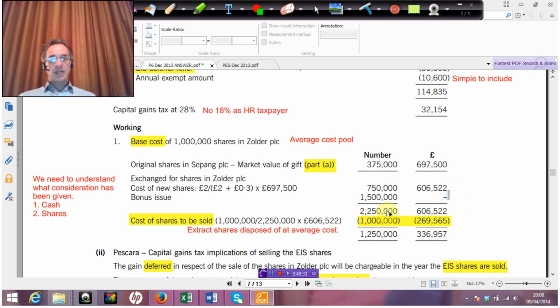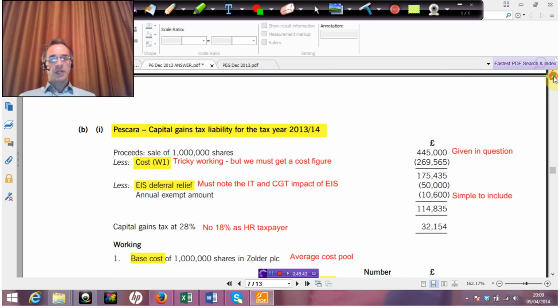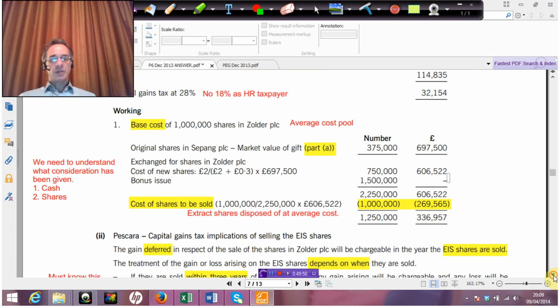If that is up to date, really all that we do when we come to a disposal is we say, okay, well, if a disposal is taking place, how many shares are being sold? Now we're told, as I pointed out to you earlier on, how many shares are sold in Zolder. It's 1 million. So if 1 million shares are being sold, what we've got to do within this pool is extract an average cost for that 1 million shares.